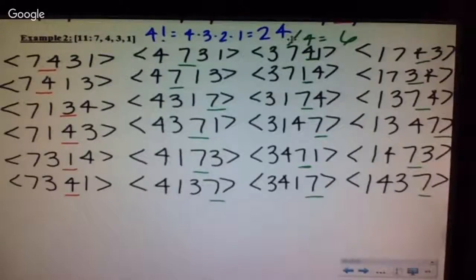Okay, your last step then is to identify your Shapley-Shubik. How many times did we underline player 1, which was your 7? If you need to go through and cross them off as you count them, that's fine. 1, 2, 3, 4, 5, 6, 7, 8, 9, 10, 11, 12, 13, 14.